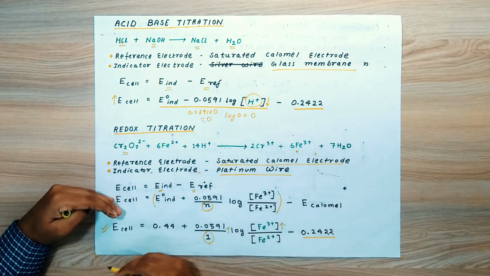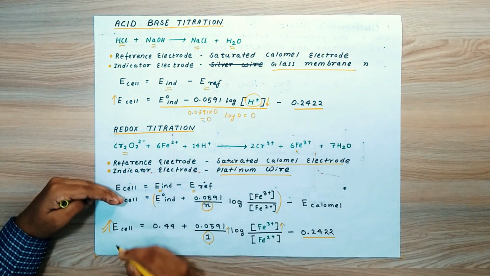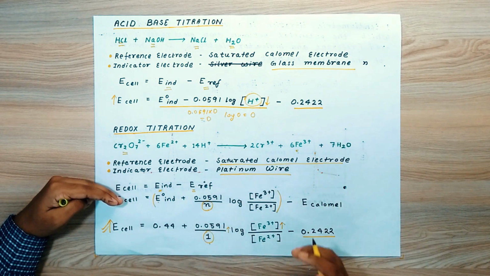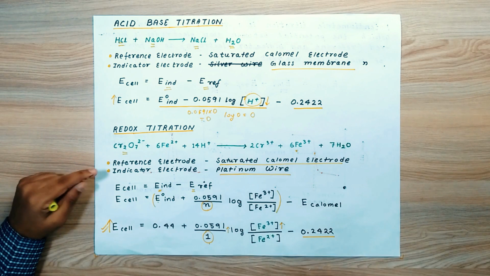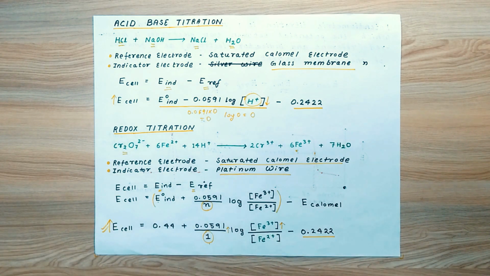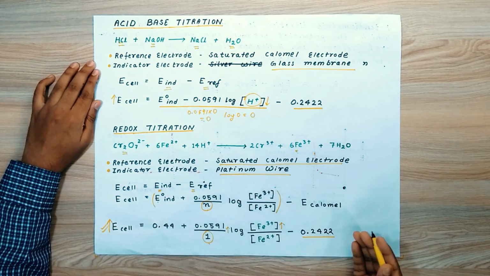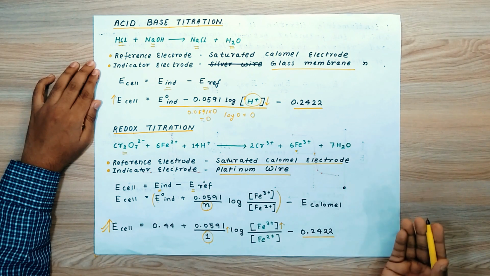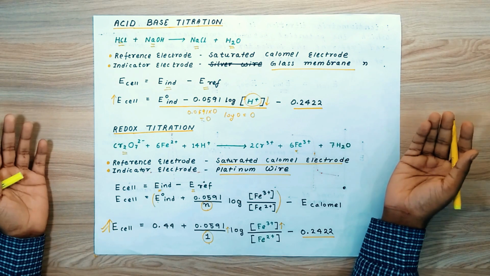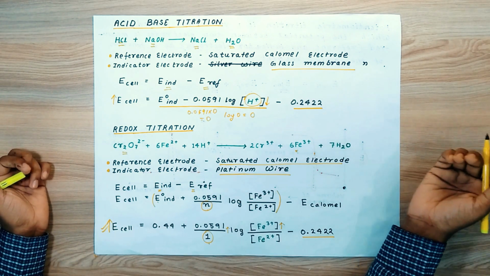So this increased Fe3 plus ion concentration at the endpoint increases this log value by a very high amount, which causes an increase in the total cell potential. So at the endpoint, there will be a huge change in the total cell potential, and we can see it by the reading of the potentiometer, and at that point we should stop our titration.